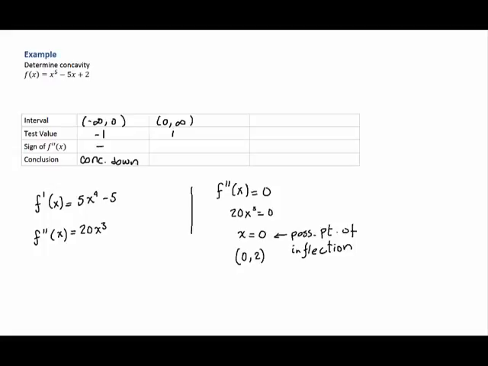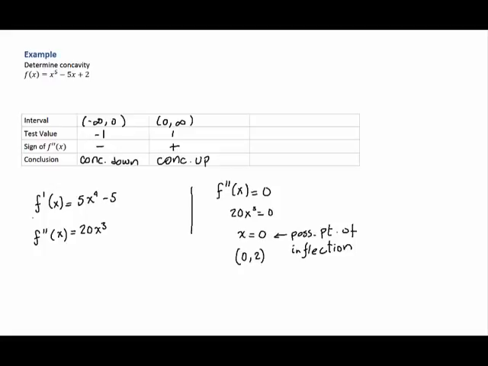Now when you plug in x equals 1, you get positive 20 for the second derivative. That is positive, and it tells you the function is concave up in that interval. So that's how you analyze the concavity of a function.